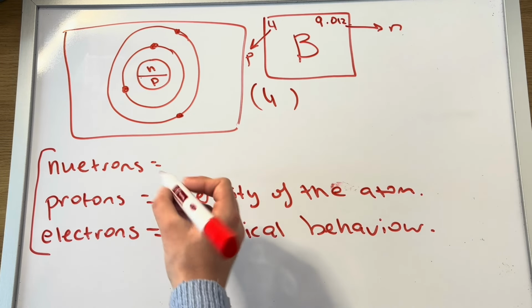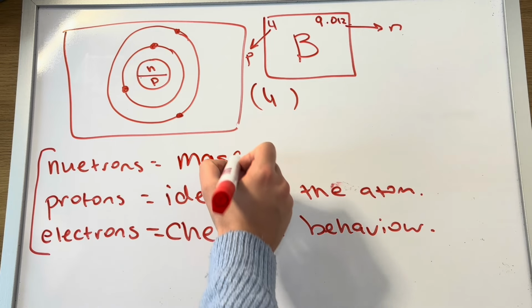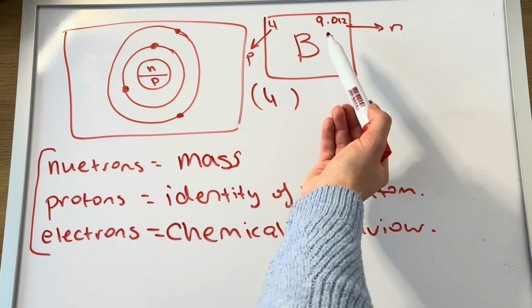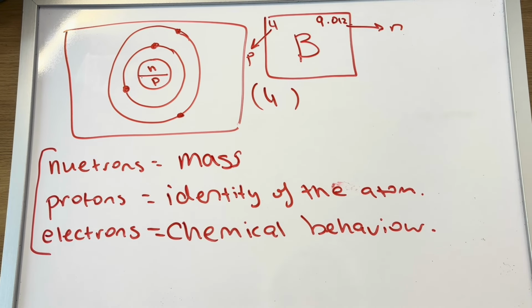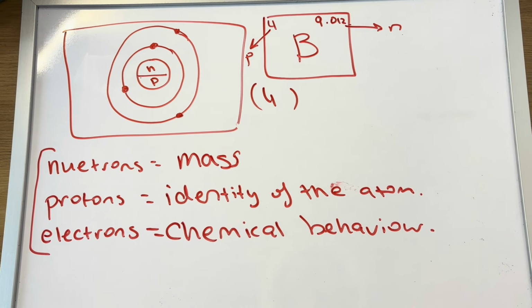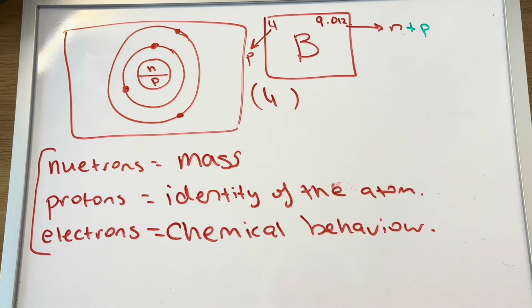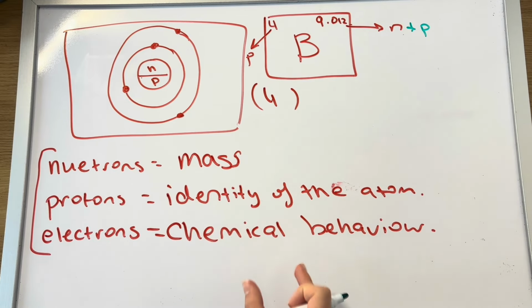So neutrons contribute to the mass. And the reason why I chose the word contribute is because to find out the mass of an element you do two things. It's not just the neutrons, but you add it to the protons. So the protons are basically doing two things.